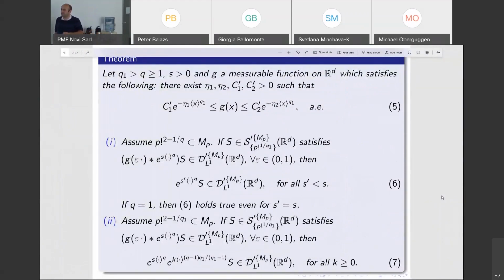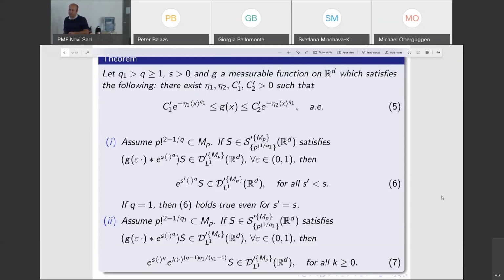So not 0. We have estimates, both from above and below. Here, for the first time, we have for MP this sequence for which we didn't have a constraint, and it needs to be above p factorial. So, as a matter of fact, p factorial 2 to the minus 1 over q. And then if S satisfies, so S multiplied by this convolution, actually we will see.